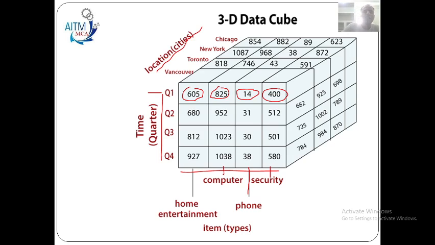Like this, see, for all the locations they have stored the information product-wise or item-wise. Got it? Here quarterly, here this, and other dimensions. So this is the data cube. It holds a lot of information.